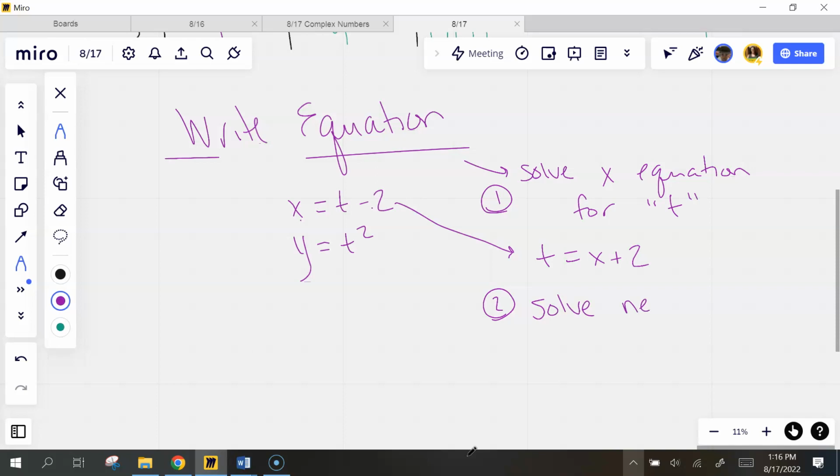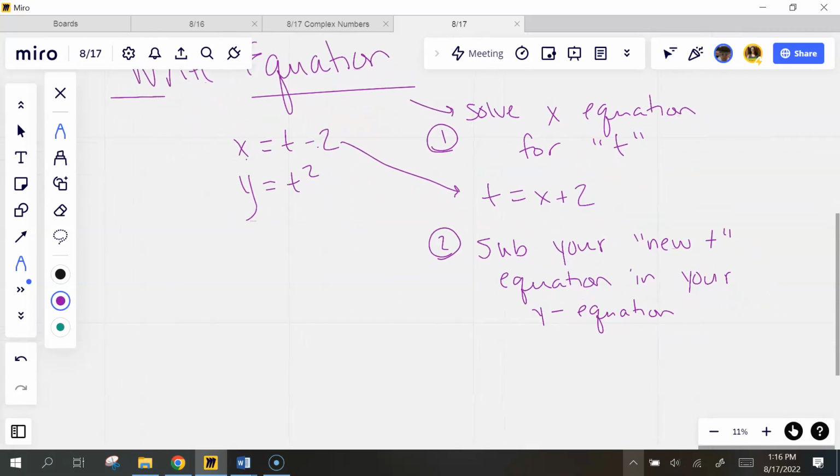Substitute your new t equation in your y equation. So y equals t squared, right? Y equals t squared, but instead of t, I'm going to replace it with x plus 2.